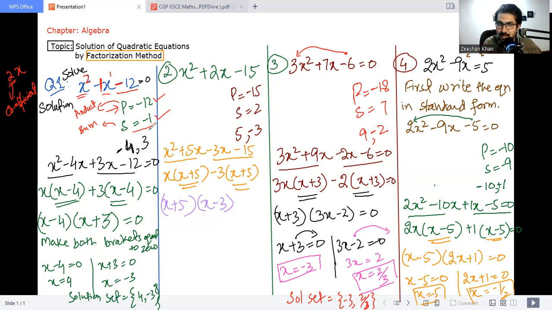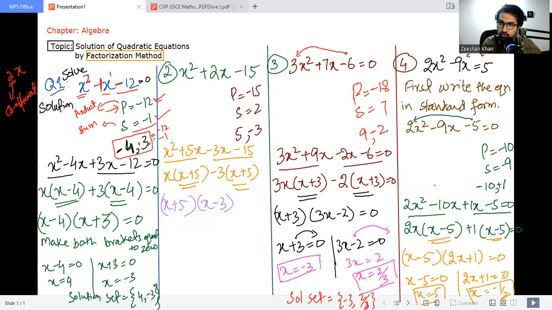In this case, I have selected -4 and +3. When you multiply -4 with +3, you get -12. That is the product. Product means multiplying these two numbers. And when we add -4 and +3, you get -1, right?